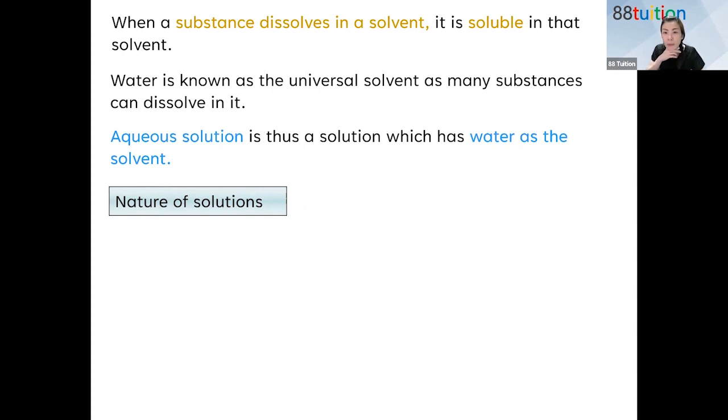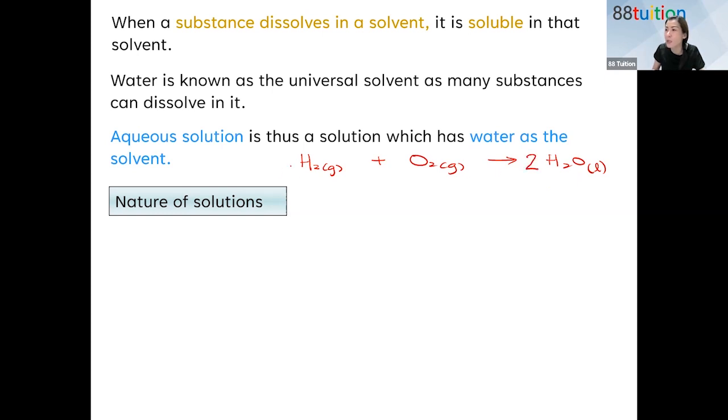What's the meaning of state symbols? Maybe I just illustrate. For example, H2, hydrogen, exists as a gas. Oxygen as well. When they are combined, you get pure water. Pure water is a liquid. Then you need to balance the equation.